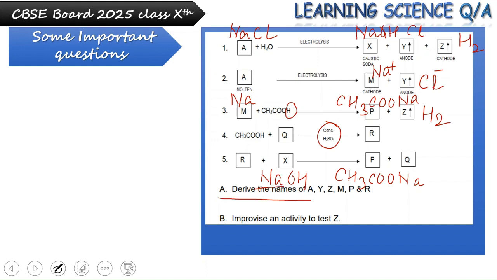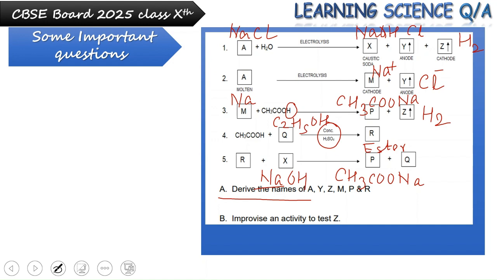So reaction number 4 is a standard reaction for the production of fruity smelling compounds named esters. This is a standard reaction which takes place between an acid and an alcohol. So the alcohol here is ethanol.